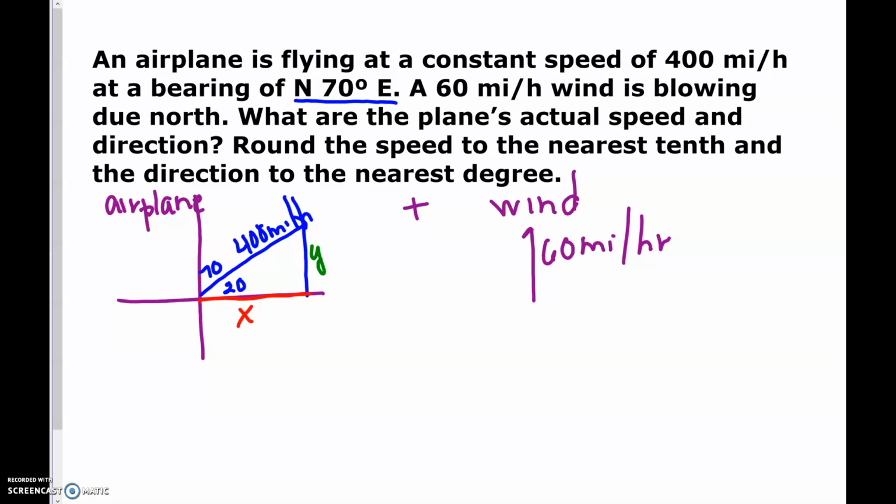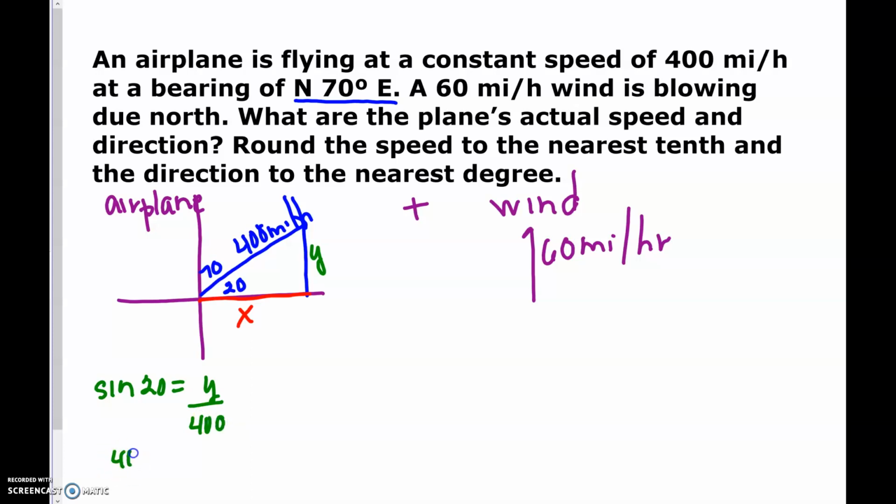So what can we do to solve for y? Well, we know this 20-degree angle and opposite, and we know the hypotenuse is 400. So we can set up the sine of 20, and the sine of 20 is going to be the side opposite, which is y, over your hypotenuse, 400. So we can go ahead and solve this.